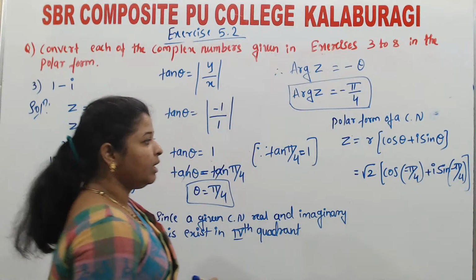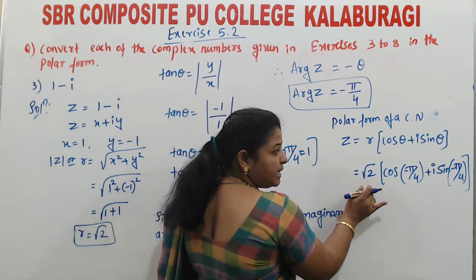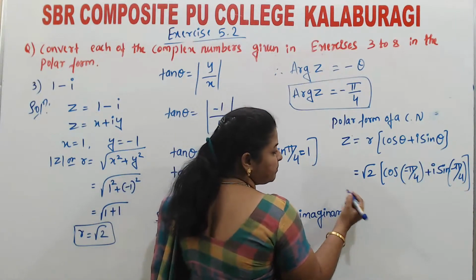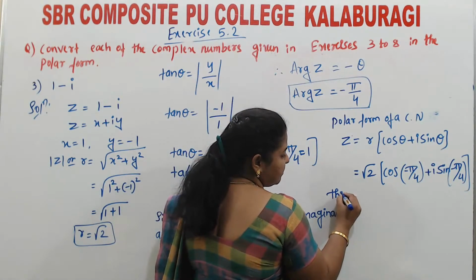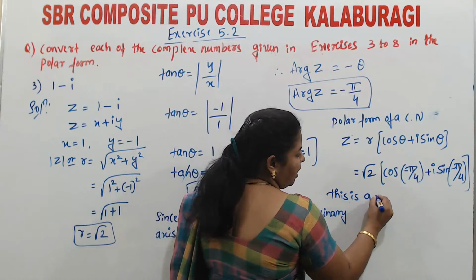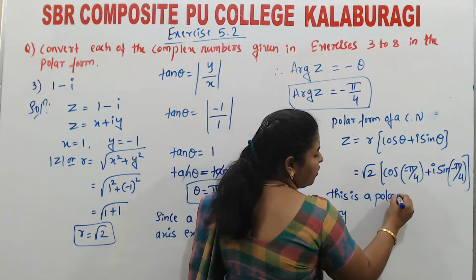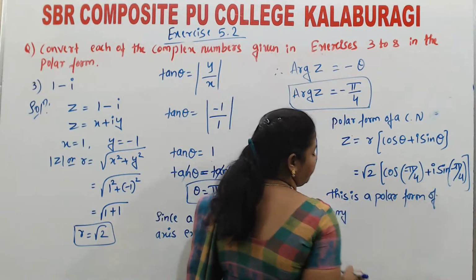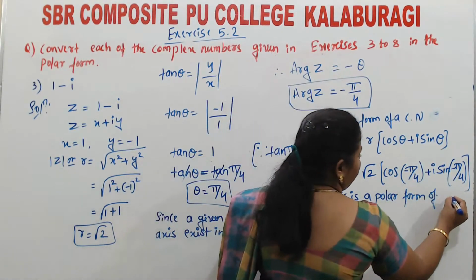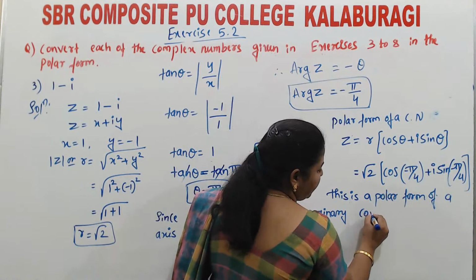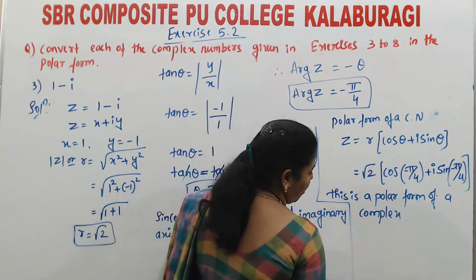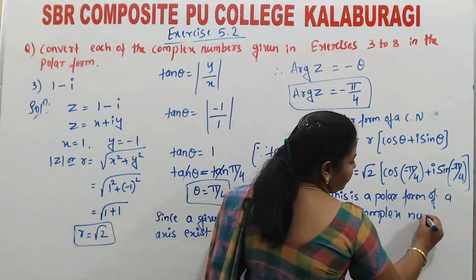Okay. This is the polar form of a complex number.